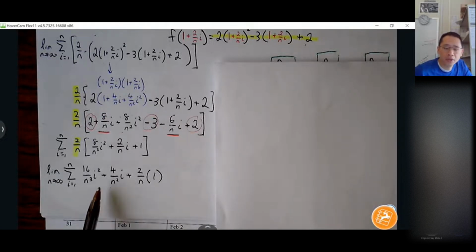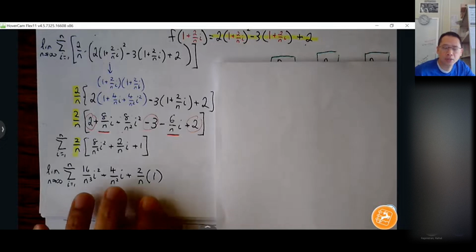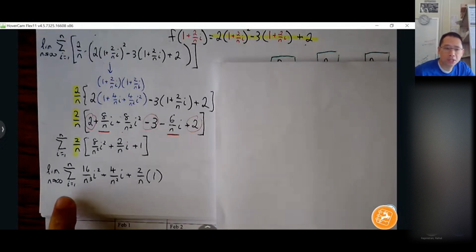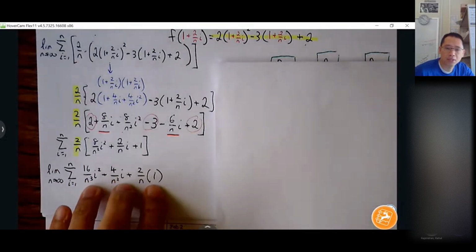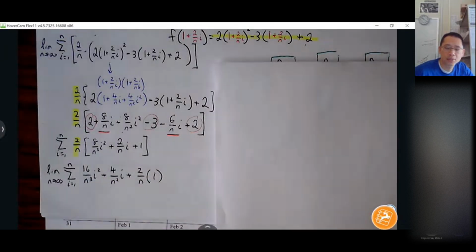Right, so now once we're sitting at these 3 terms, it should become a lot more familiar, because now we just have to involve the summations with each of these terms, push out any coefficients, isolate the summation, the parts that require summation formulas, and then we'll bring in the summation formulas.